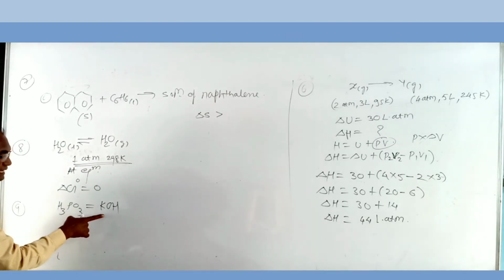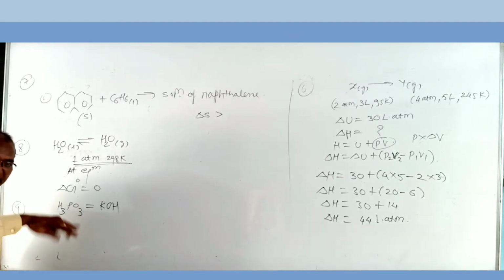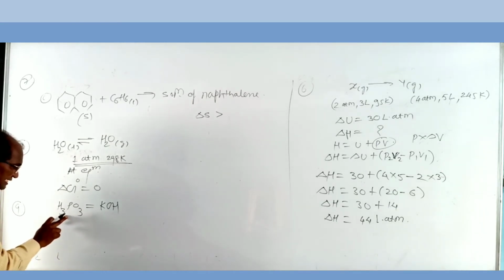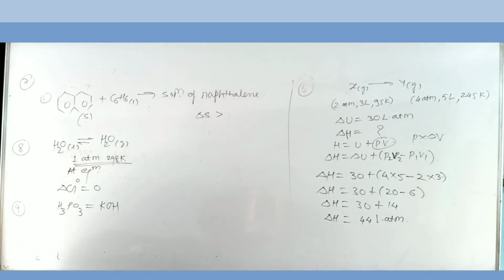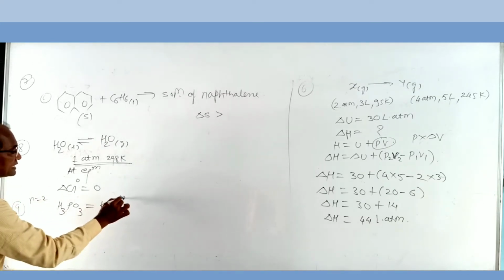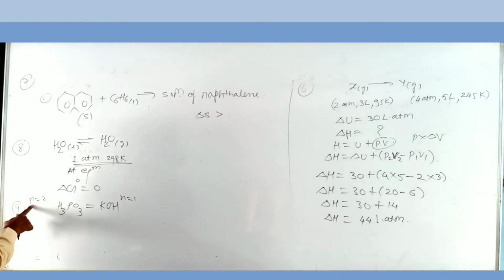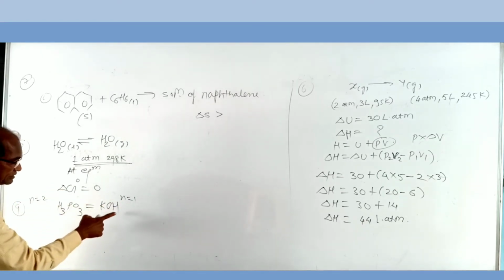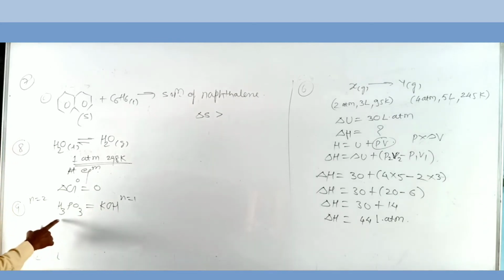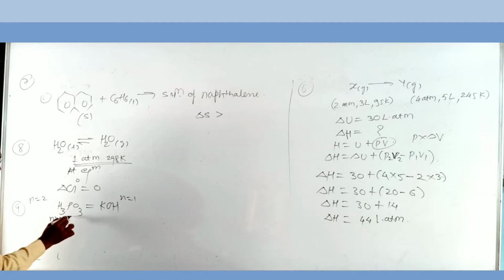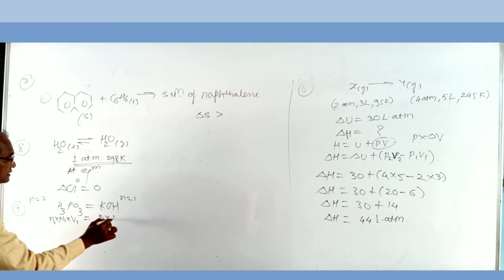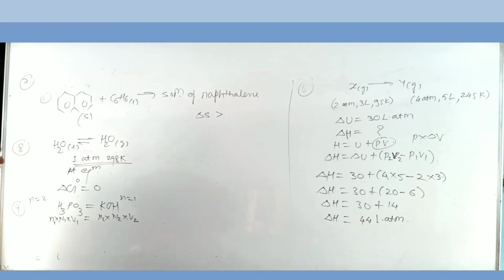But this base is monoacidic base and this acid is dibasic acid. Dibasic acid means here N is equal to 2 and here N is equal to 1. N means number of H plus ions and here N means number of OH minus ions. Therefore, N1 V1 is equal to N2 V2 when the neutralization reaction takes place.